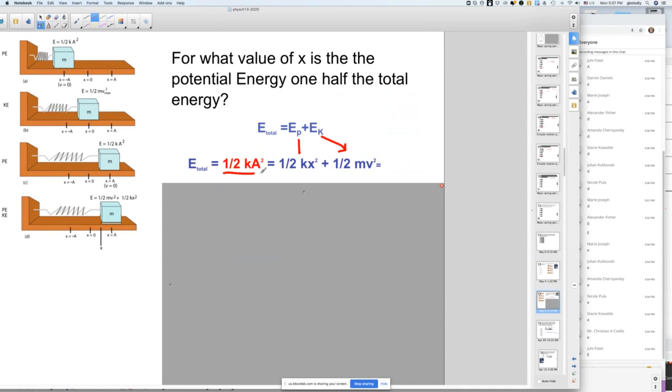So what are they asking here? For what value of x is the potential energy, which is this, 1/2 of the total energy? This is the total energy. For what value of x is this 1/2 of this? Let's see if now, with that hint, you can do it.